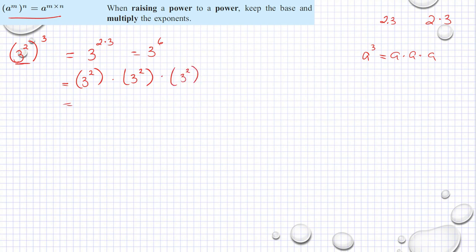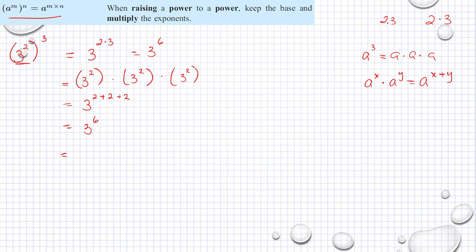This is what we have in the first law: a raised to x multiplied by a raised to y is the same as a raised to x plus y. That is what we're going to do here now. So we have 3 raised to 2 plus 2 plus 2, and we have 3 raised to 6.